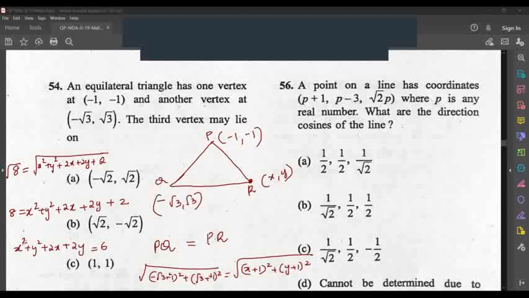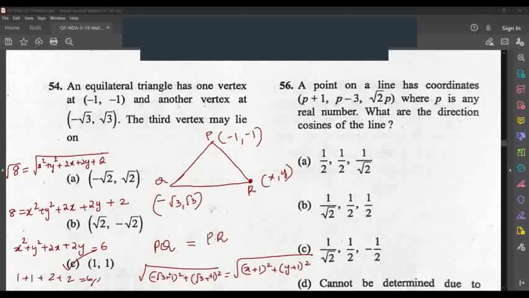So x is 1 square plus 1 square, so 1 plus 1 plus 2 into 1, 2 plus 2 into 1, 2. So that is 6. So this 1, 1 is satisfying this condition, isn't it? Okay, so we can write the option C as correct answer, 1, 1.